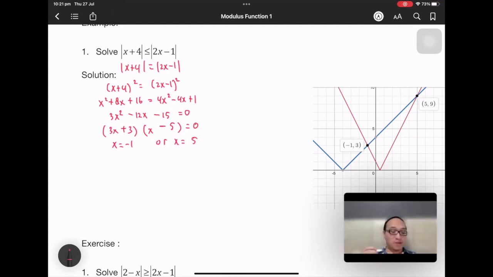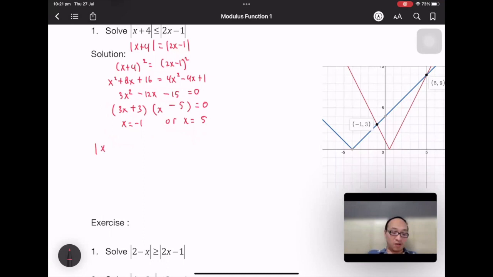So we can draw it. For the absolute value of x plus 4, it will be positive for x greater than or equal to negative 4, and it will be negative for x smaller than negative 4.